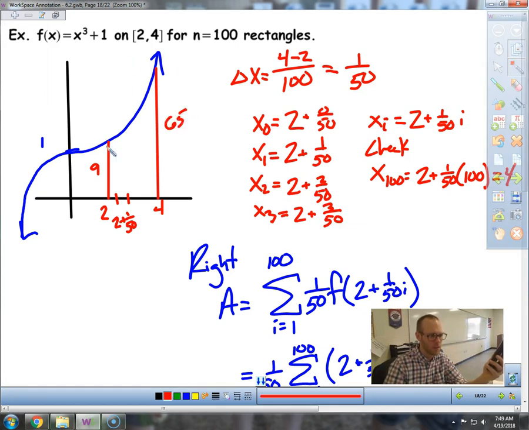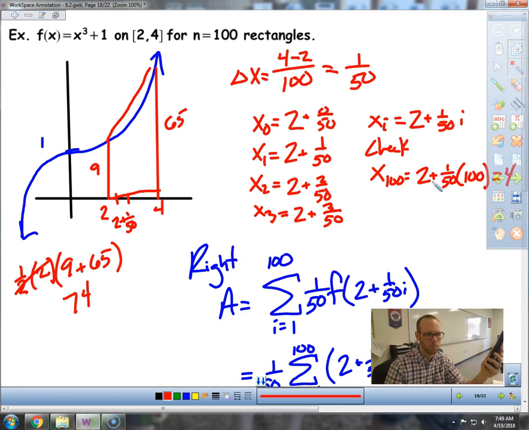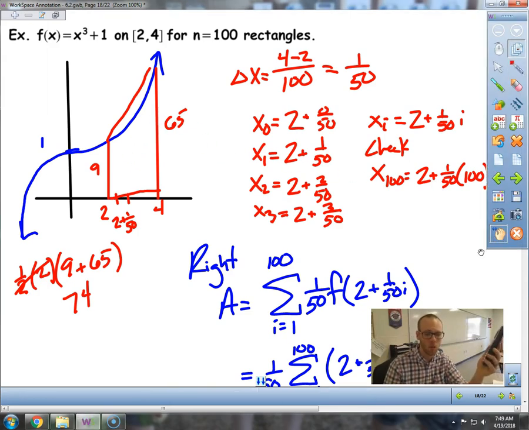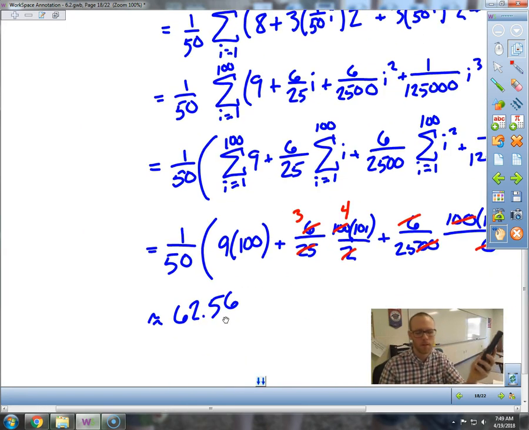Would you agree that this roughly is the shape of a trapezoid? So if I take 1/2 the height times the sum of the bases, look at that, I get 74. Does it make sense that our approximation would be less than 74? I think so. I think we got a number here that seems pretty good.